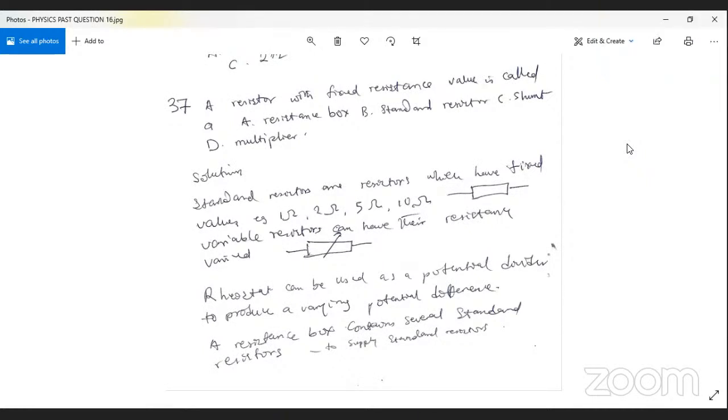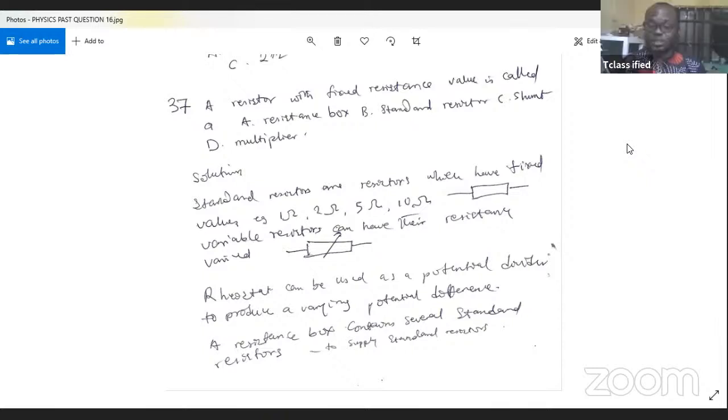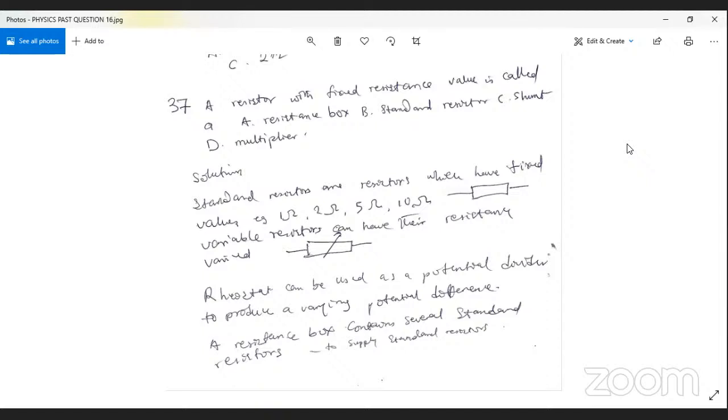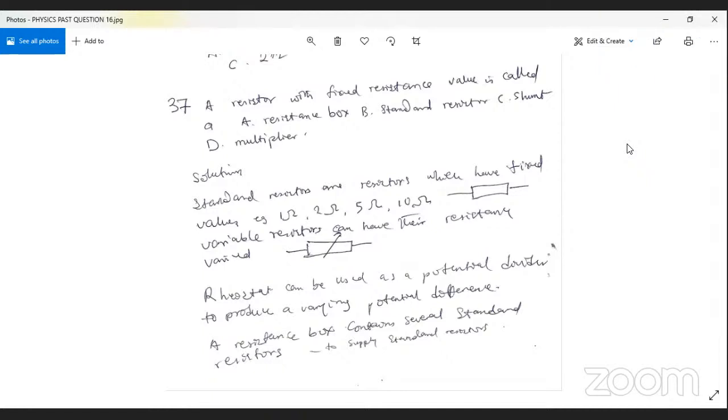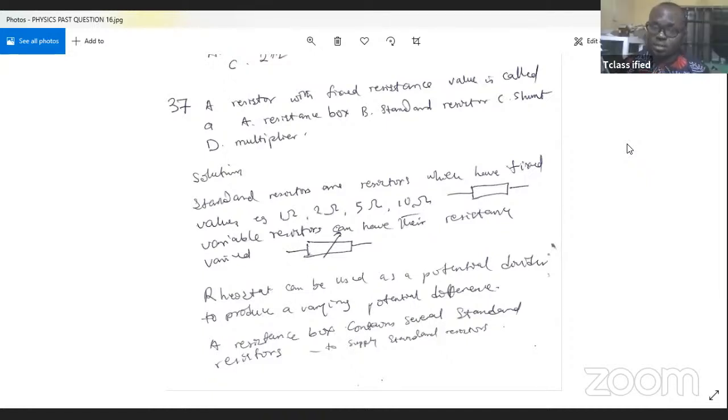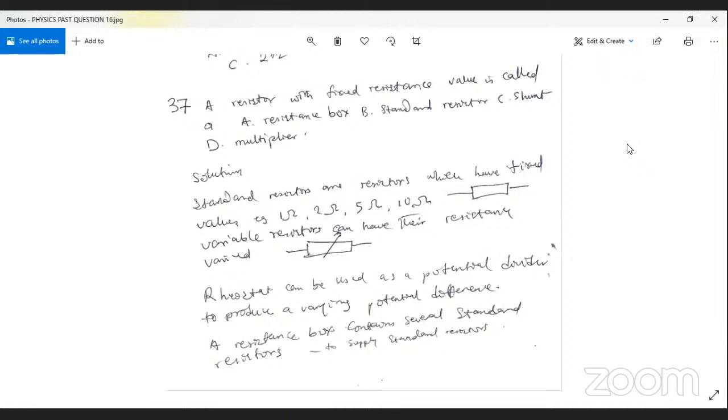So let me finish writing. I'm jotting this down. You said, that diagram you put for the variable resistor, is that not the one for rheostat? The diagram for the variable resistor, is it for rheostat?